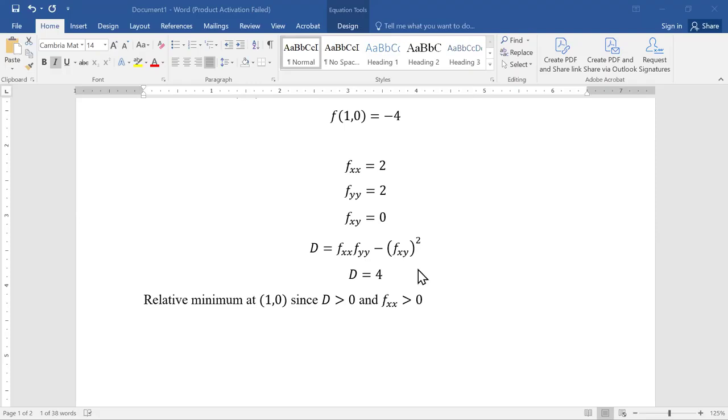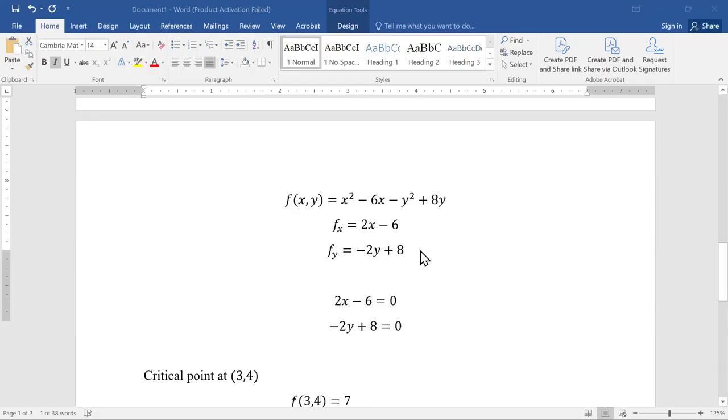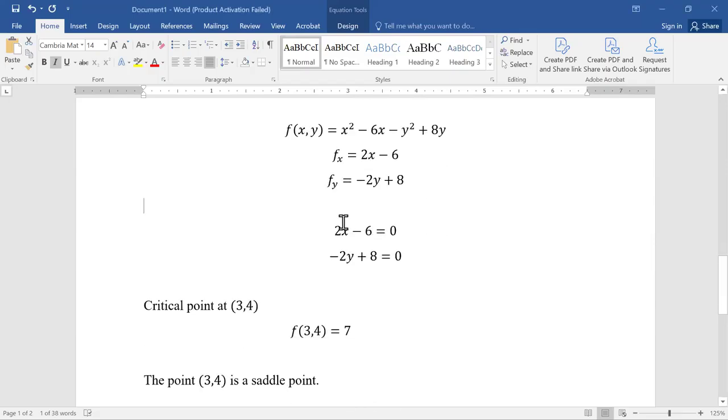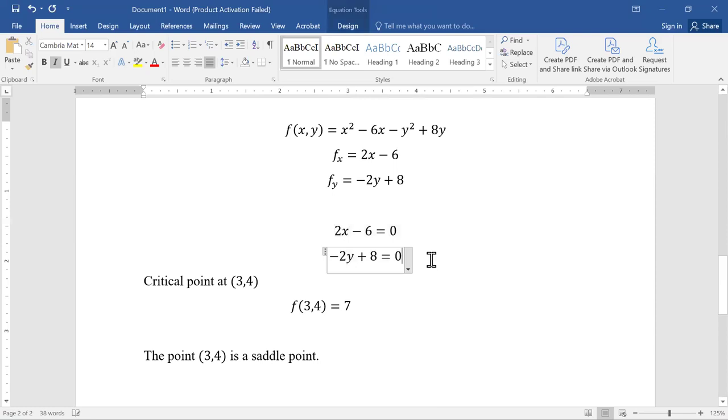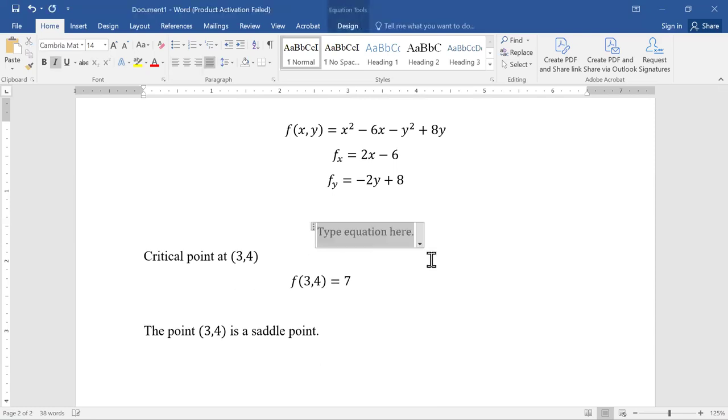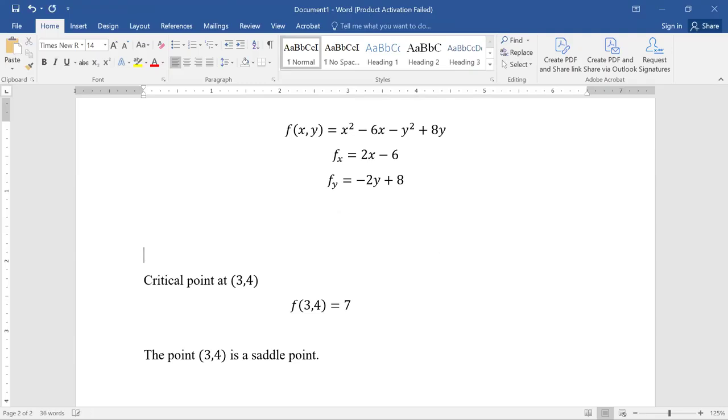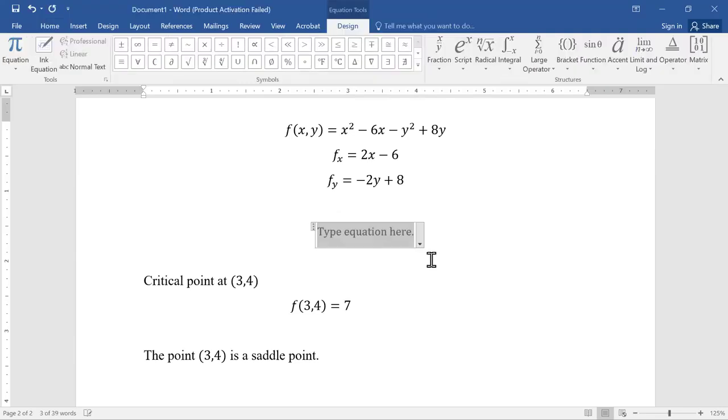Now, before I turn to my graph and look at this example, let's calculate the D in the second scenario, my example 2. The way we do that is we take the second derivative with respect to x. In this case, that's 2.